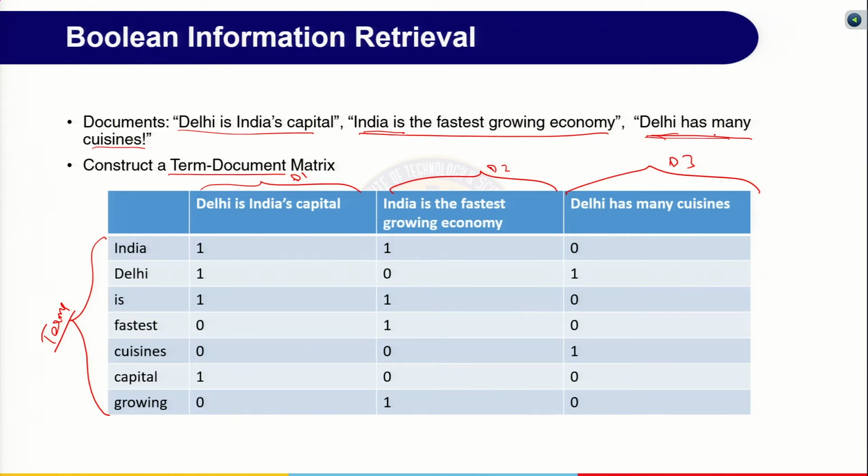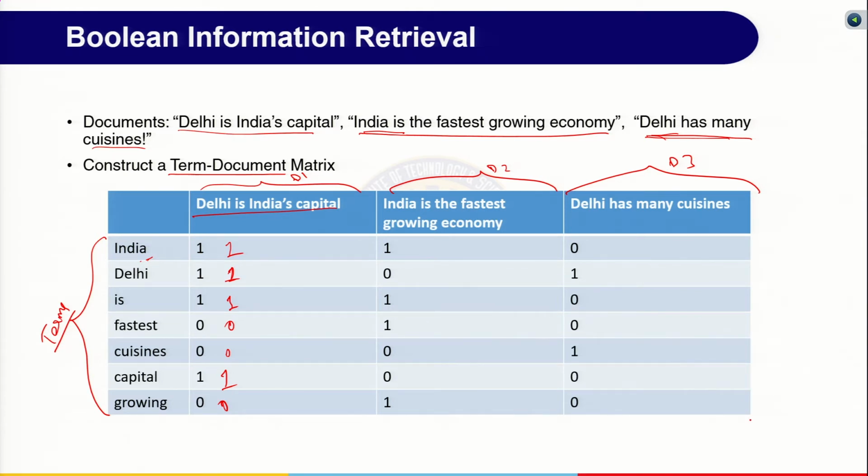We have only one sentence each, but for illustration purposes, we are calling it a document. Given the terms, we just put a 1 wherever the term appears in that document. India is present, so we put a 1 here. Delhi is also there, so we put a 1. We can see the word is. There is no fastest, there is no cuisine. I can see a capital there, and there is no growing word as well. So I do that for the rest of the documents as well.